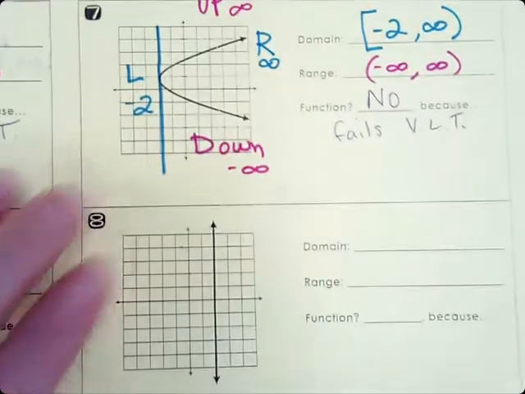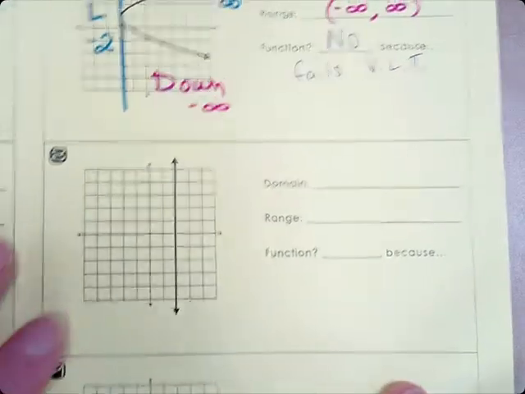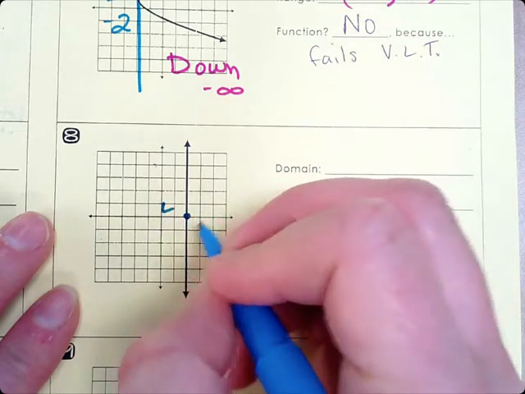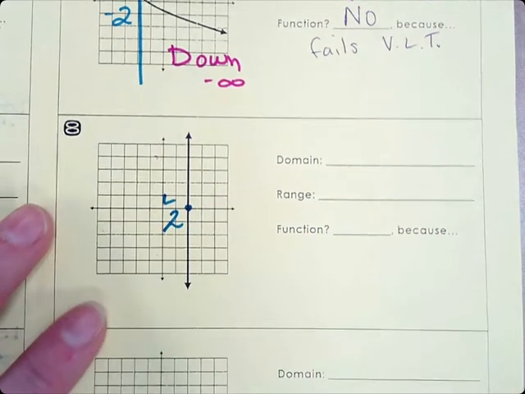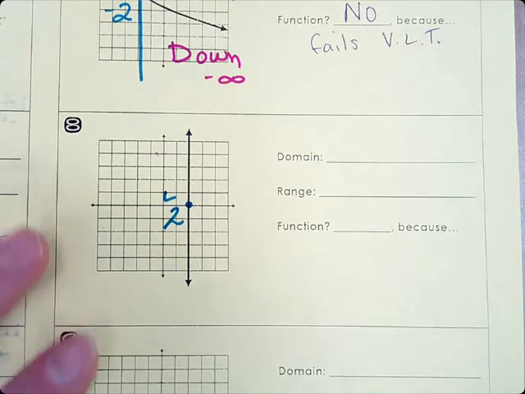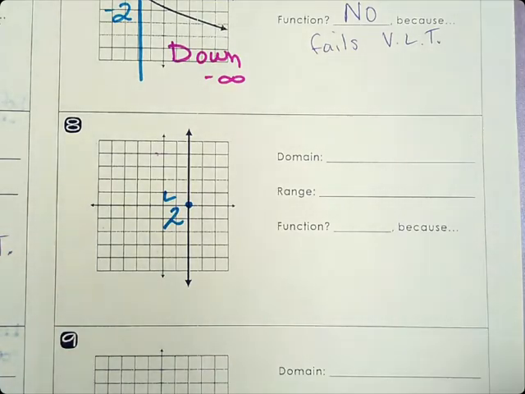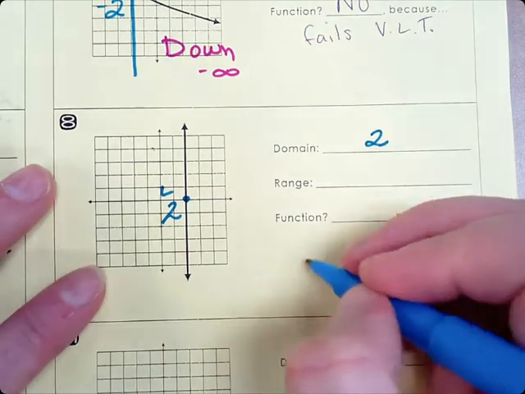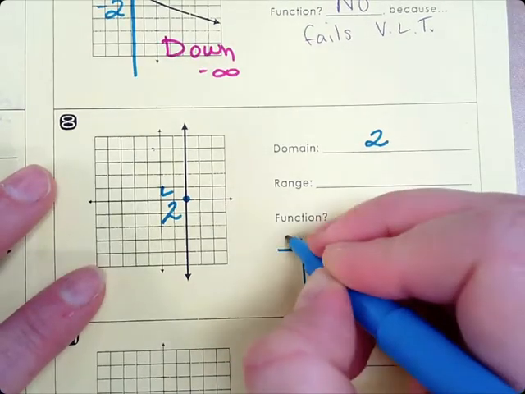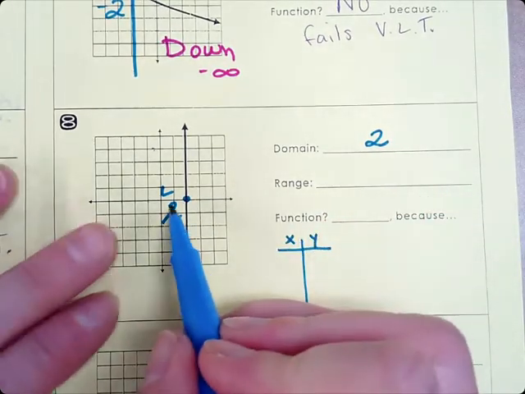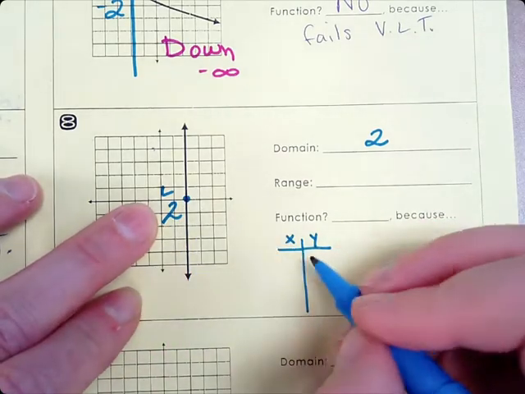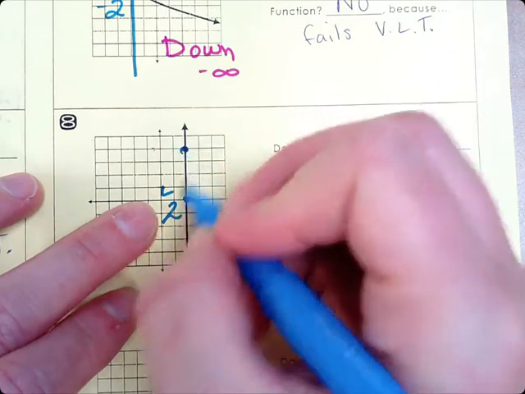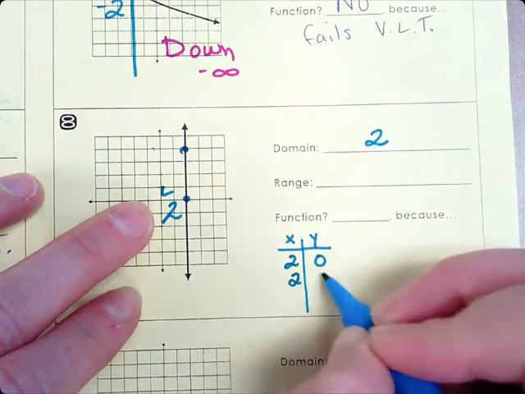Okay, the next one is our domain. So how far left does it go? Goes to 2, and it stays there. It doesn't go any further left or right. So it is only 2. If you were to look at this like a table of values, the point here that I just did was 2, 0. Let's say I do this point, that's 2, 4.